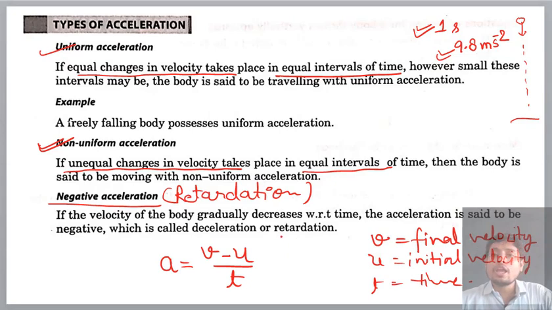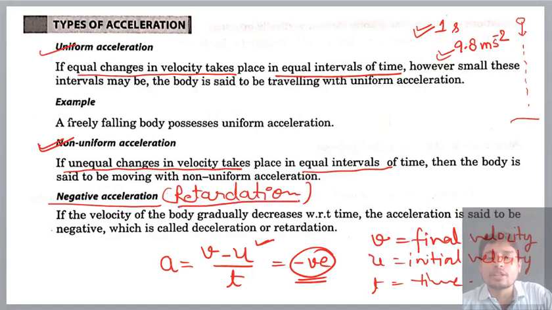Okay? If your car is slowing down, it means your final velocity will be smaller than the initial velocity. If the initial velocity is greater, then the acceleration will be negative. And if it is negative, then it is called retardation.